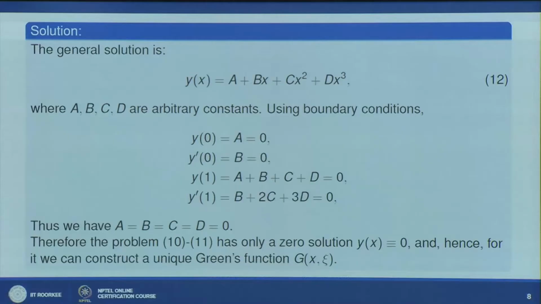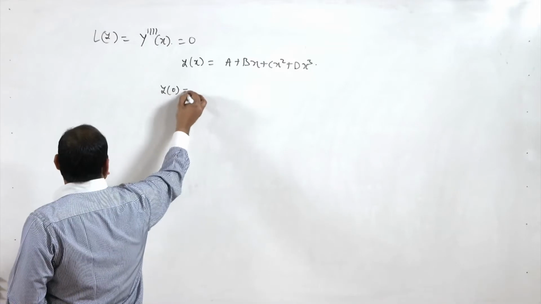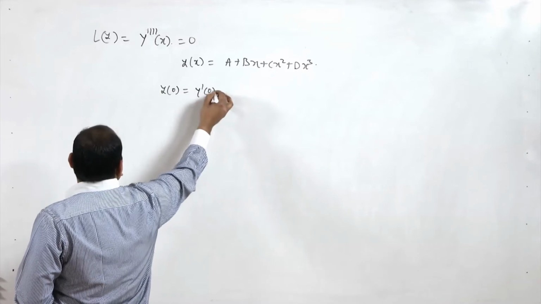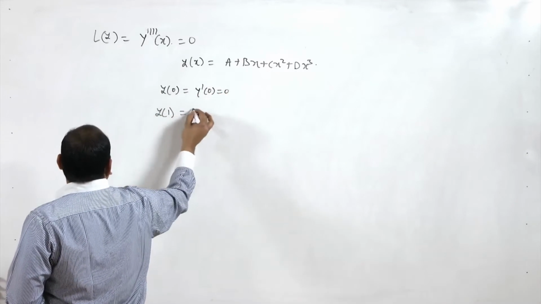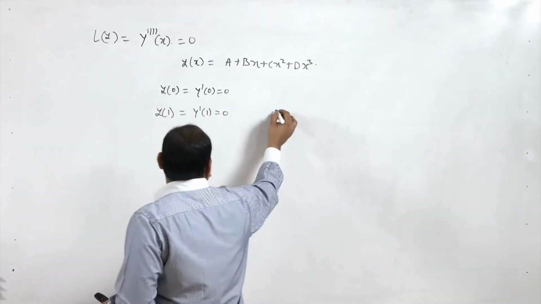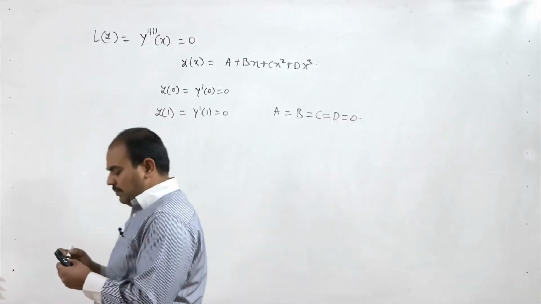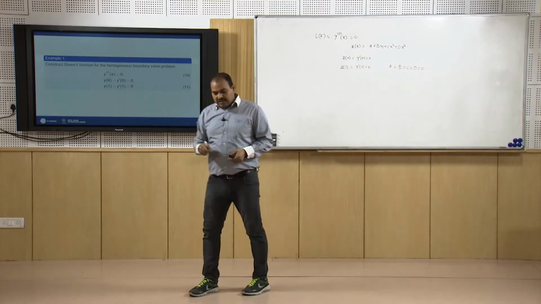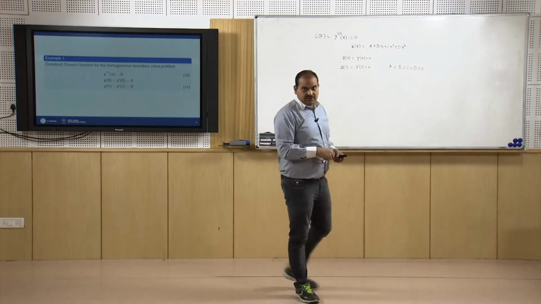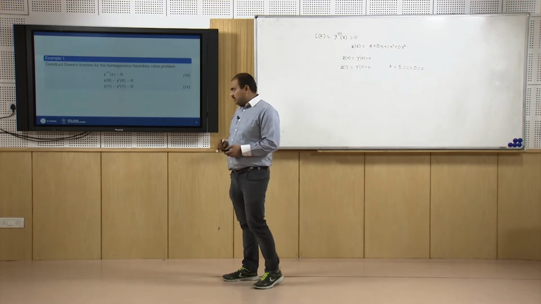If you use the boundary conditions y(0) = y'(0) = 0 and y(1) = y'(1) = 0, you can see that a = b = c = d = 0. It means that this homogeneous boundary value problem will have only the zero solution. So here we can construct a Green function to solve this particular problem.